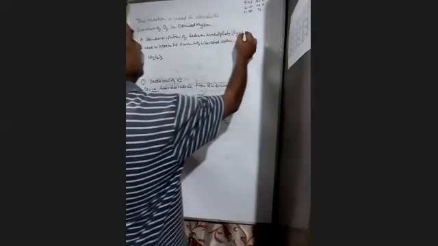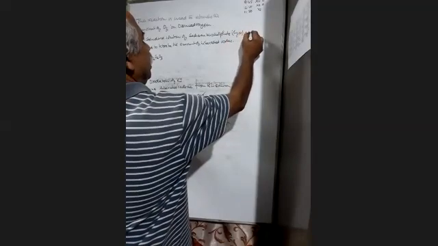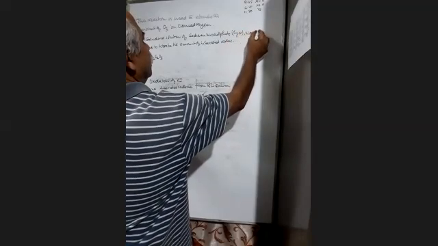So Na2S2O3. I'll write down the formula. Na2S2O3, see here, what is liberated iodine?